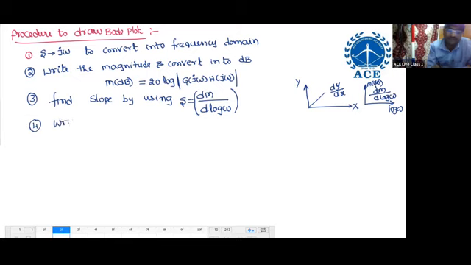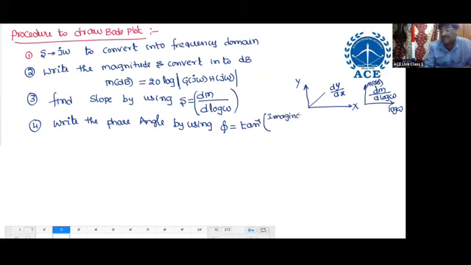Write the phase angle by using phi equal to tan inverse of imaginary part by real part.